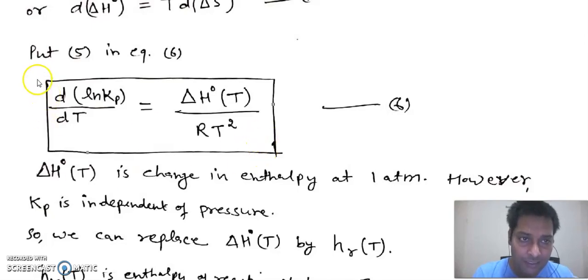But as you can see in this equation, the Kp value is independent of total pressure. It depends on the partial pressure of individual components, but it is independent of total pressure.